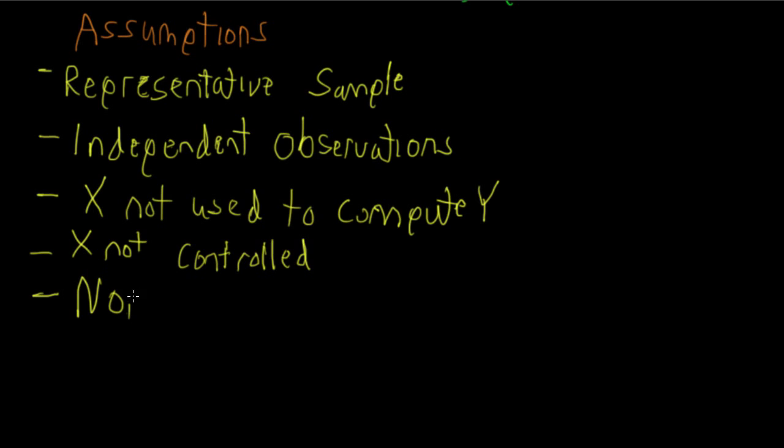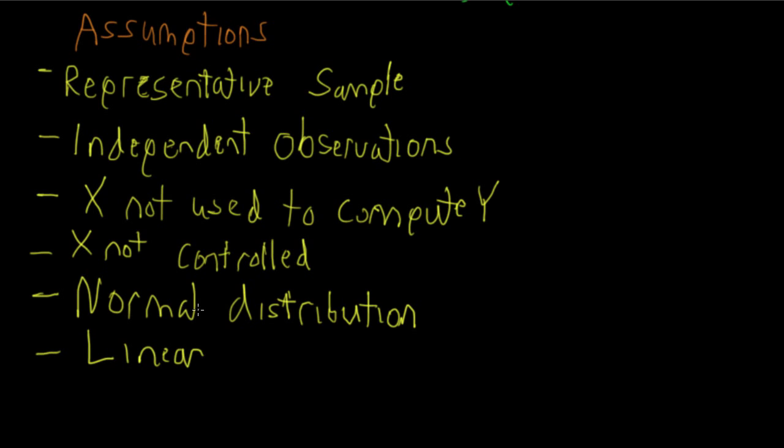Both X and Y must follow an approximate normal distribution. Now, if this is violated, there is another type of correlation coefficient that we'll talk about in a second. And then it also has to be a linear relationship. Now, if either normal distribution or linearity is violated, we can use the Spearman rank correlation coefficient.